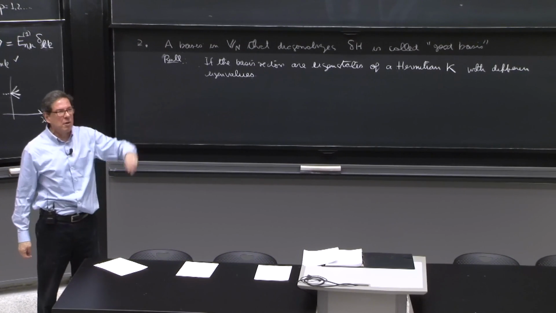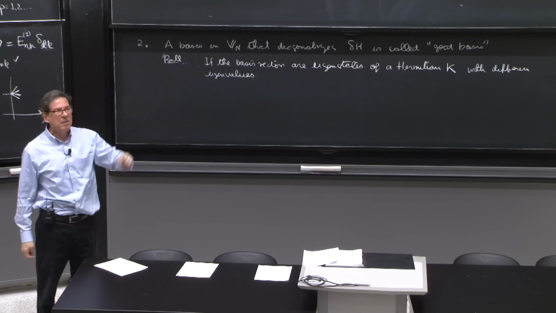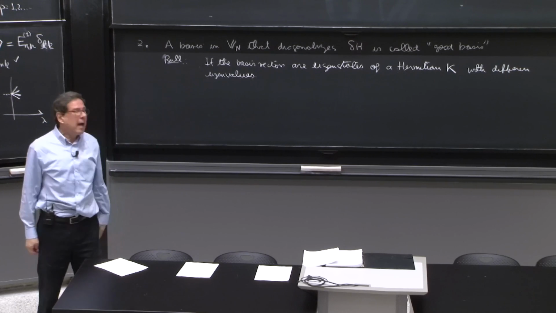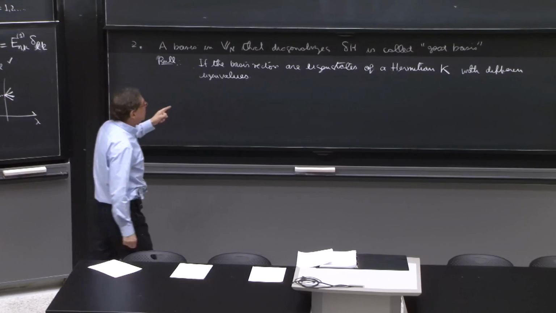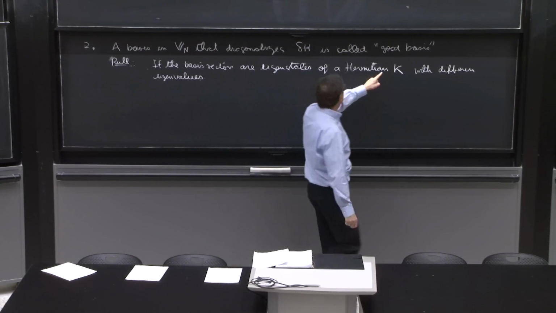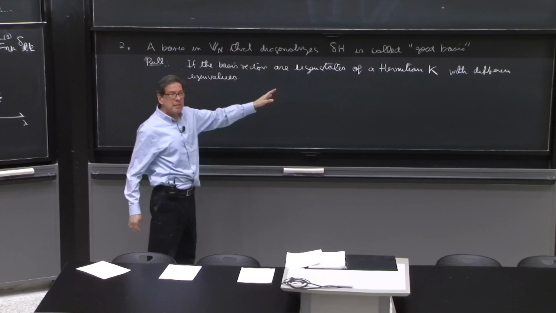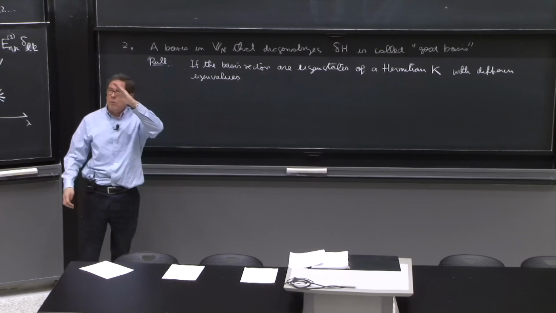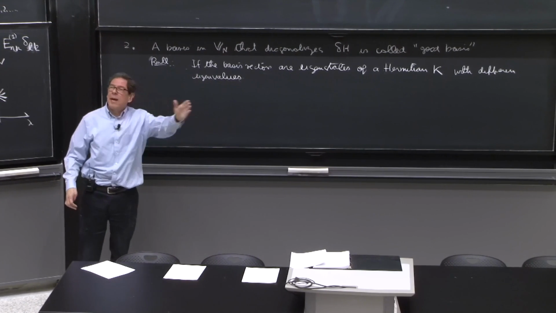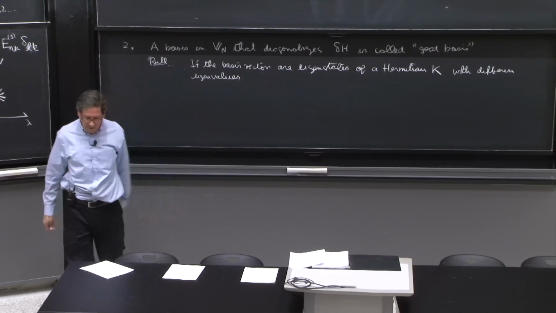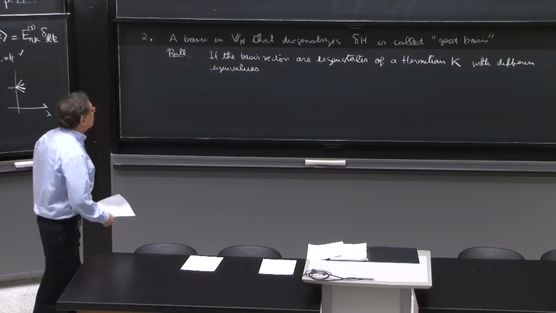Somebody gives you another operator K, Hermitian, and then you check that for this Hermitian operator, the basis vectors are eigenstates of that operator, and with different eigenvalues. All of them have different eigenvalues.